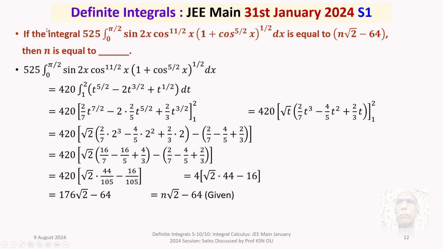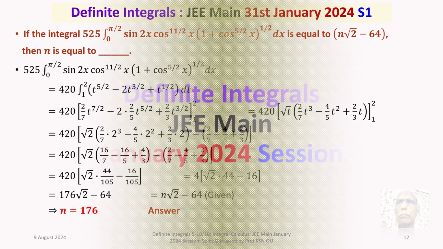But this is given to be n root 2 minus 64. So comparing, we get n is equal to 176. The answer to this question is 176, and that is the detailed discussion of the solution of this problem. Let's now move to the next question.